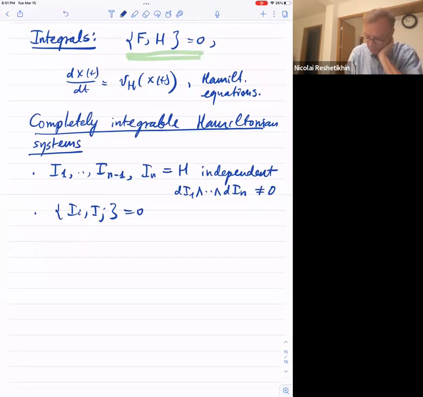I mean, it's not identically zero. It can vanish at special points, but it's not identically zero.